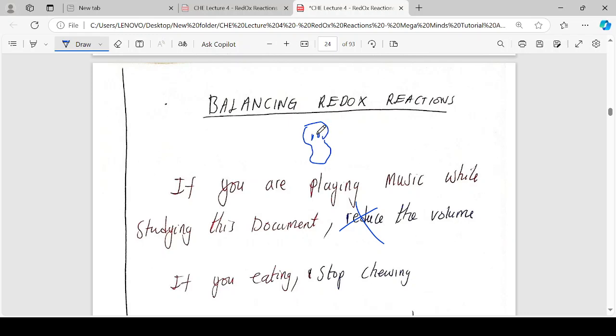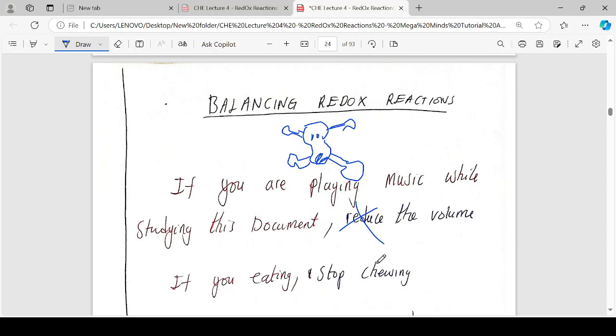I failed to draw this emoji, but I'm sure you know it. You did your lab safety. So this is poisonous. Balancing redox reactions is the main deal.